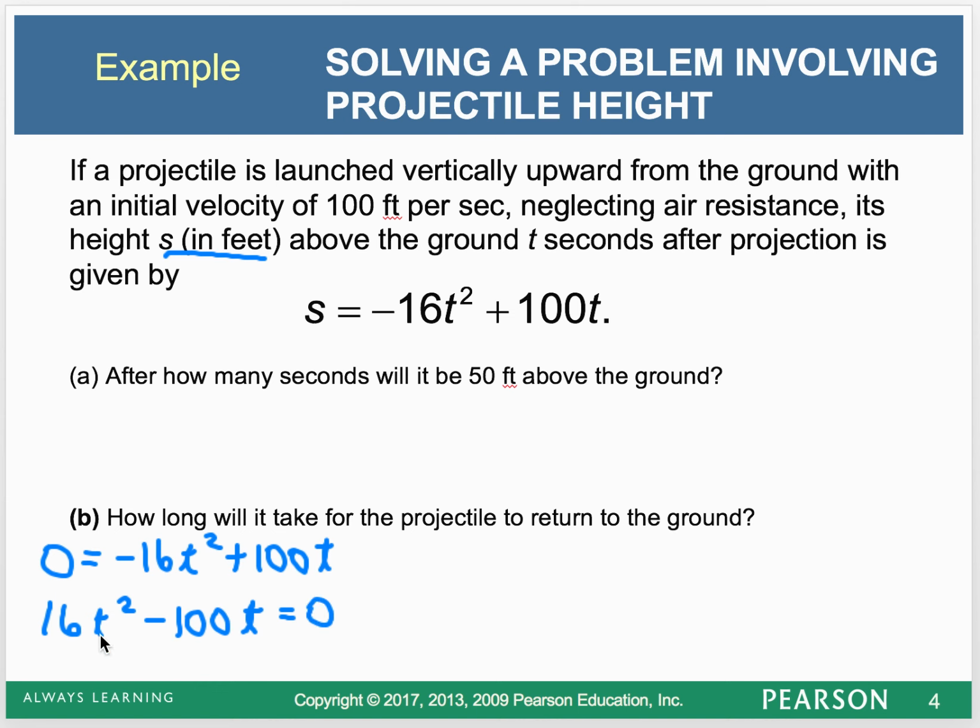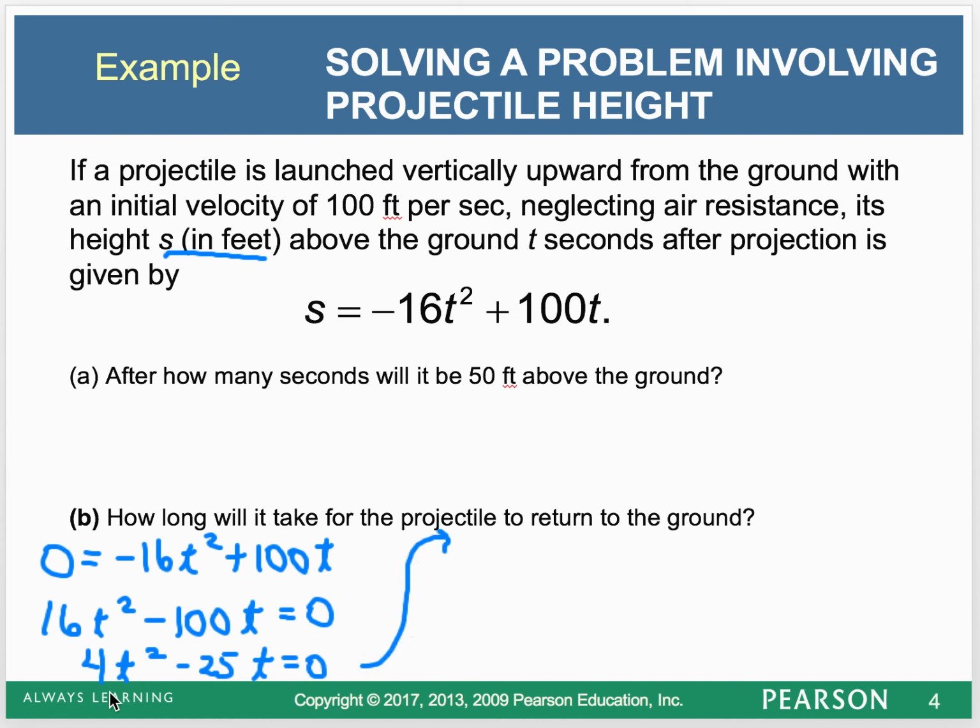okay, now hey, this one I can factor, right? Let's make our numbers smaller still by dividing them by 4. I can do it now or I can do it later. Let's divide everything by 4. So I get 4t squared minus 25t equals 0.